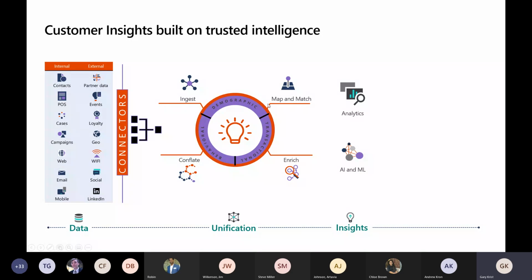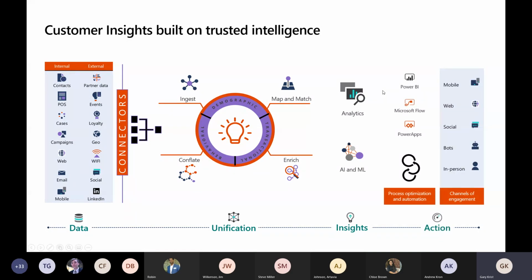It ingests that and then has the ability to do the map and match and bring all that data together to act upon it, and ultimately push it out to external sources. It could be acting on the data and sending someone an email reminder or a mobile reminder, or just showing it through a dynamic screen so that a customer service person can see the whole view.